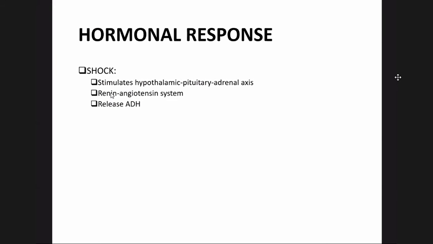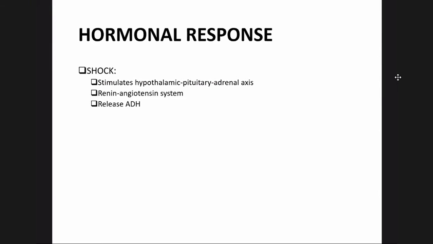Then we have the renin-angiotensin system, which we discussed earlier. If the baroreceptor cannot compensate for the increase or decrease in BP, RAAS occurs. RAAS detects low sodium concentration in the blood.